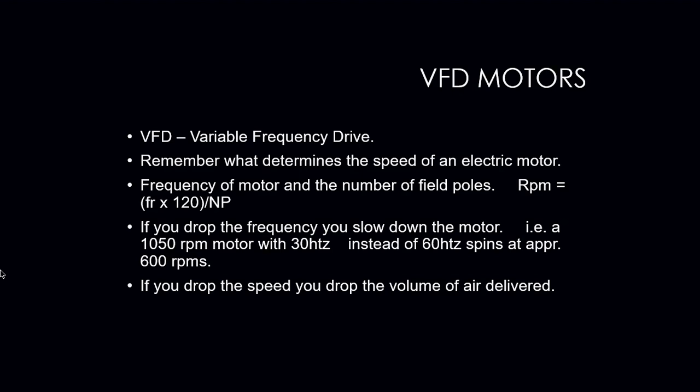Now, is that something you're going to use a lot in the field? Probably not. Okay, it's something that is good to have in the back of your brain just to figure out whether or not you even have a motor that is capable of delivering the right amount of air to a space.